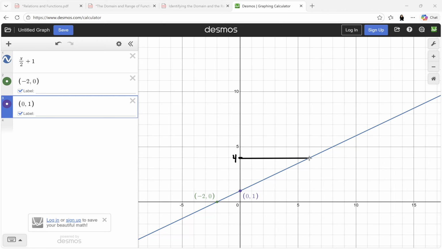The coordinates of this point are 5, 4, right? So I could say that f of 5 is equal to 4, or f of x is equal to 4, so x is equal to 5. So now I'm giving you the f of x value, which is your y value, and I want you to tell me what the x value is.